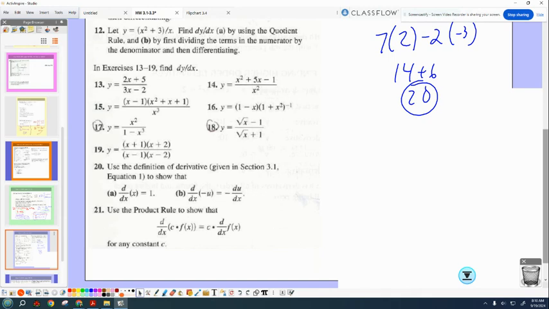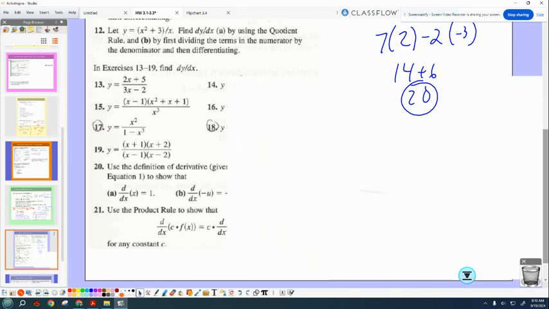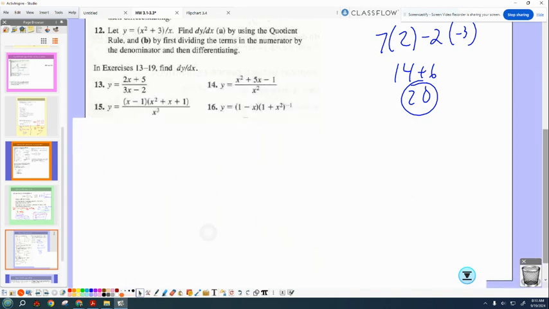Any issues with quotient rules? And strategies. 15? Anybody do 15? 15 would stink as a quotient rule, because it's a big, huge mess.